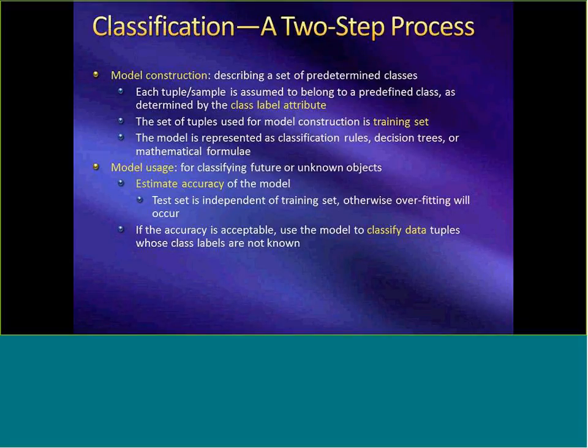Why is accuracy important when we talk about classification? Well, the main aim of classification is to classify data reliably. So accuracy, of course, should be the first filter we look at.